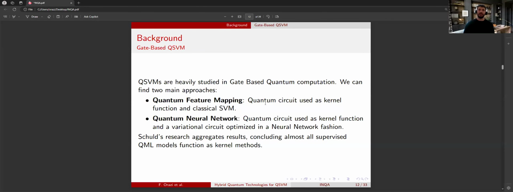I assume that those would be the ones that gain more from new hardware and error correction, just because they are much deeper, much more complex than quantum feature mapping. Even if they are the same as a kernel method, still their actual construction is more complex than a feature map.